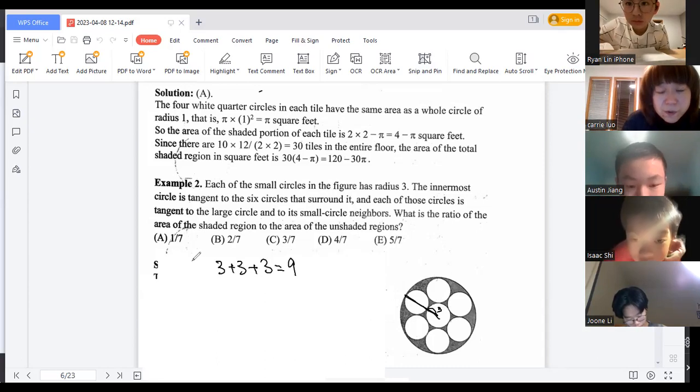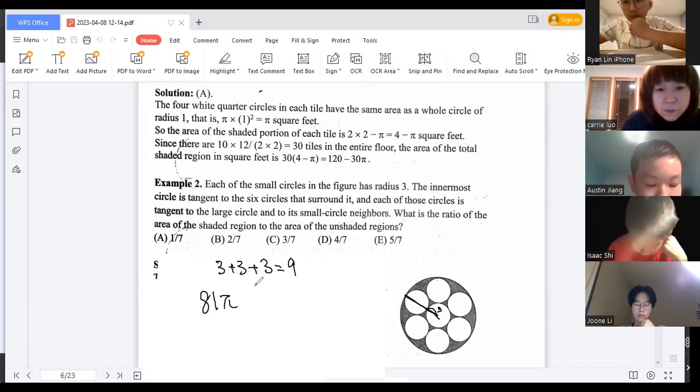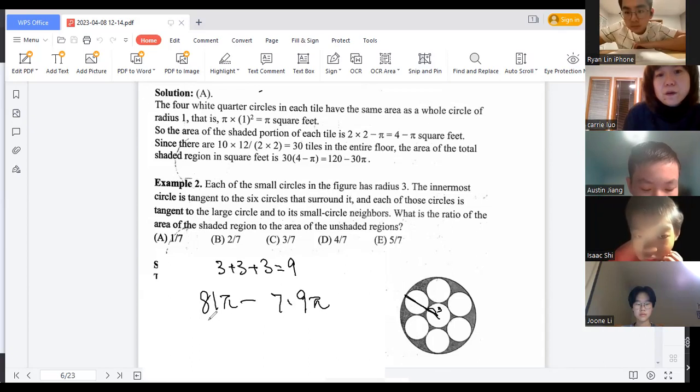So what is the area of the circle? The bigger one is 81 pi, right? And this is the total big circle, and we can just minus what? Minus 7 times 9 pi, right? So 81 pi minus 63 pi equals what?